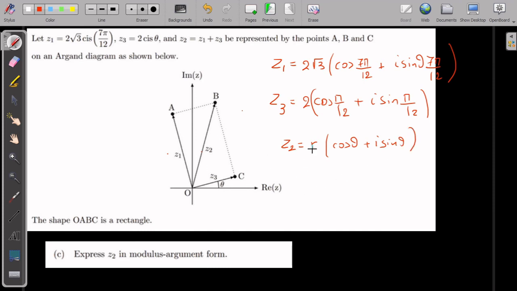Now, let's find the modulus of Z2, basically the magnitude of this vector. It's easy because I know Z1, which is this side here, and I know Z3, so I can use the Pythagorean Theorem to find Z2, since this is a right angled triangle.